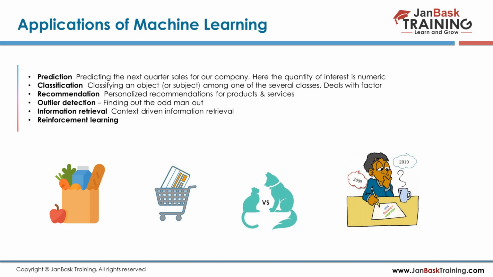What are several classes? Suppose you are given a huge pet data set. There are many pets in the world. You can have a cat, a dog, a parrot, a tiger.